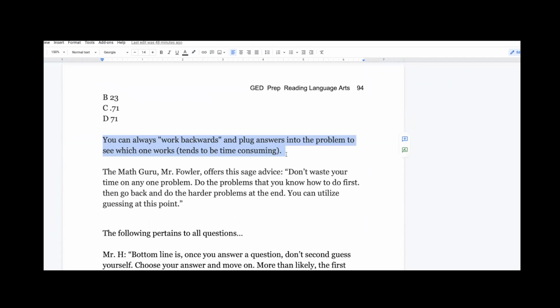Now, I would recommend, again, I've said this, go through, and I'll get into a strategy with you in a couple minutes. Go through the ones that you know, guess on the ones that you don't know, flag those, and then go back. And the ones that you don't know, the ones that have been flagged, now you could use the working backwards strategy of plugging in information.